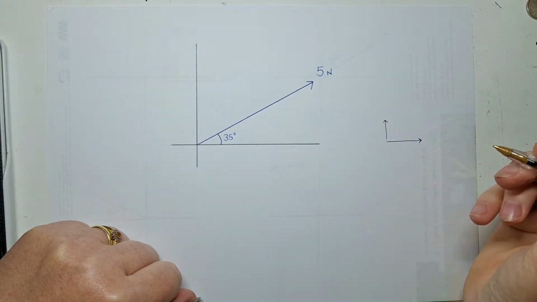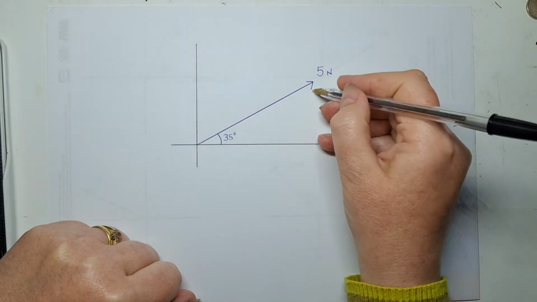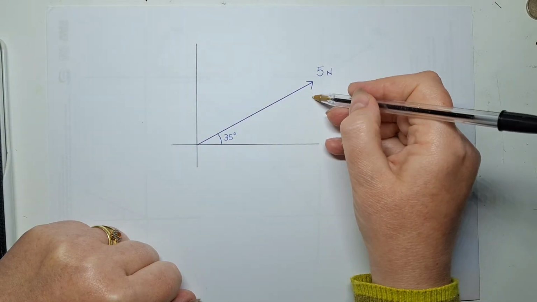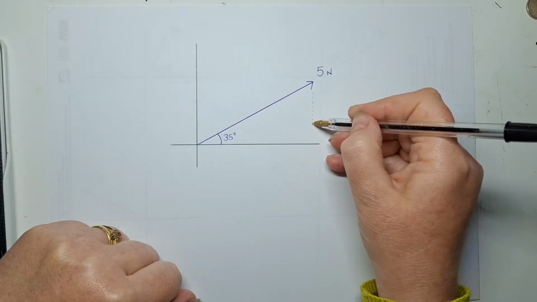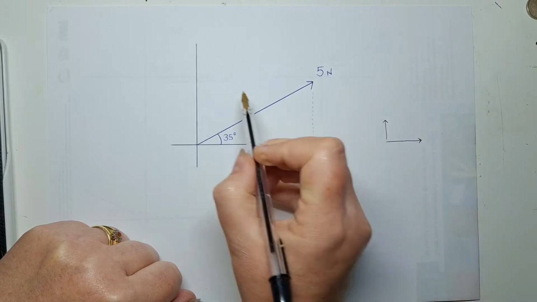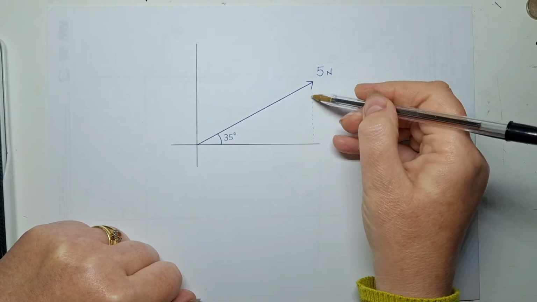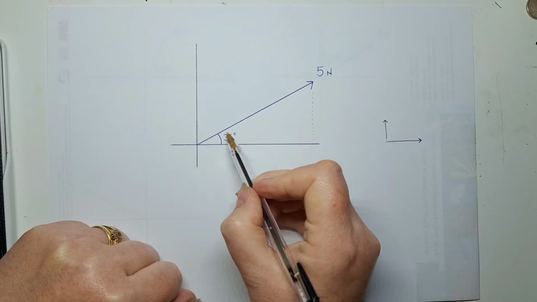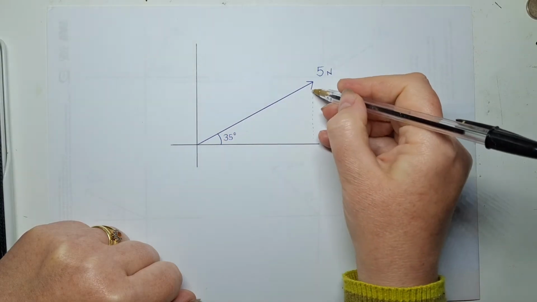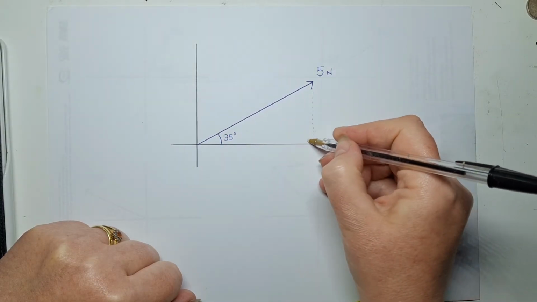Okay, now the background to the quick method is thinking about a right angle triangle. So to start with, you think, well, do I do a right angle triangle there or there? Well, we've got the 35-degree angle here, so let's put the right angle triangle in down here.